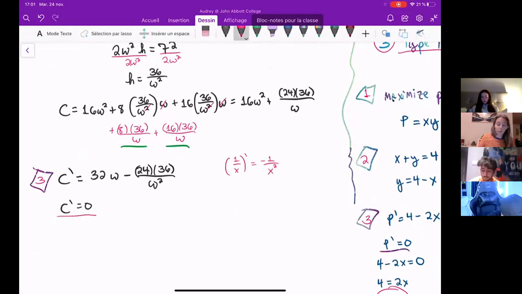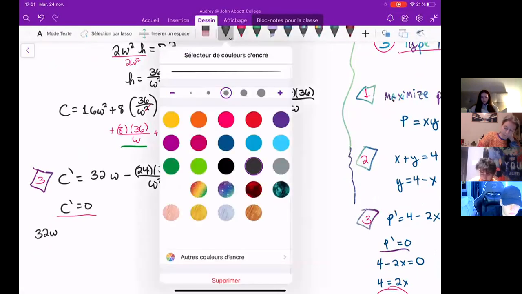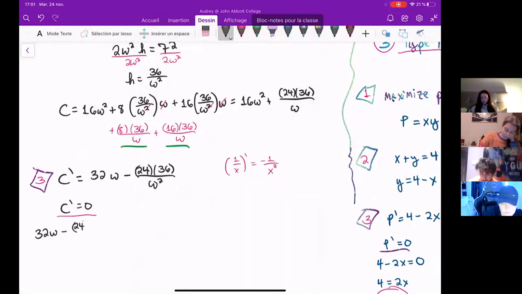And this equation that we've ended up with is another type of equation that shows up a lot. So I have 32W minus 24 times 36 over W squared is equal to 0.